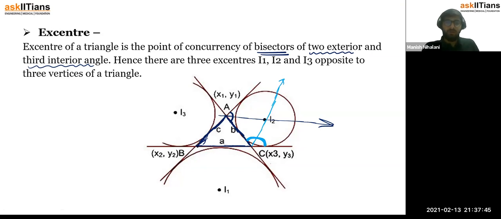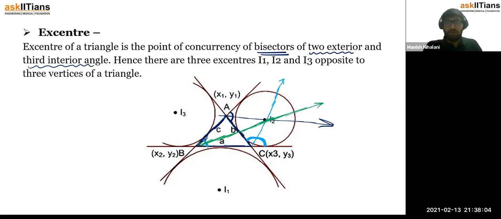Now just think of angle B as the interior angle. We are trying to draw its internal bisector. So this is the internal bisector.